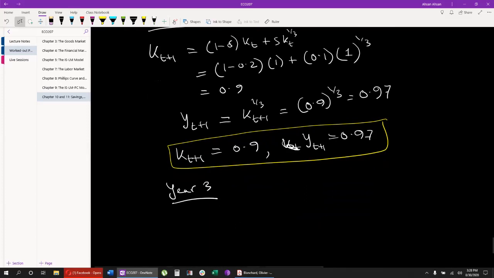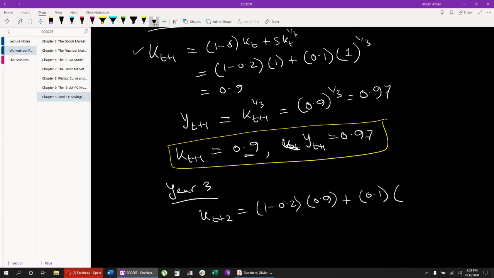Year 3, we're going to have KT plus 2 is equal to, once again, we'll use the same formula. So 1 minus depreciation times capital stock from previous year, which is right here, 0.9, plus savings rate, which is 10%, times capital stock from previous year to the power 1/3.